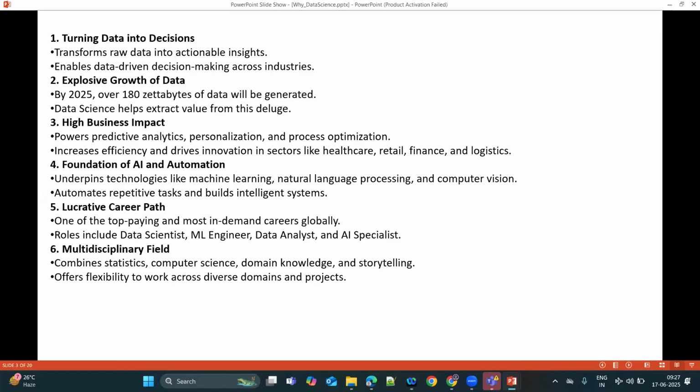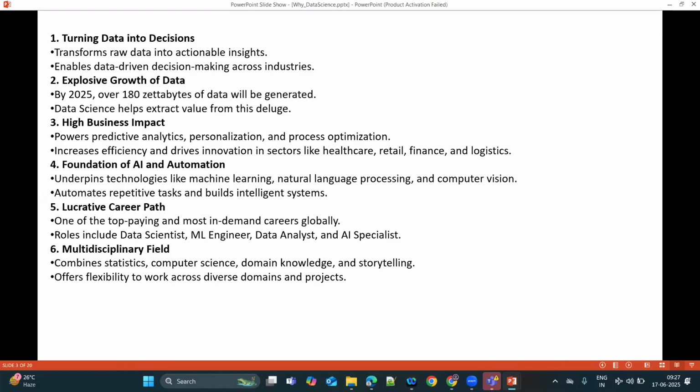If you have very good domain knowledge, you can come up with more and more insights from the data. Of course, if you don't have the domain knowledge, you can do the work, but you won't give that accurate insights. But if you know the domain, you can do miracles.